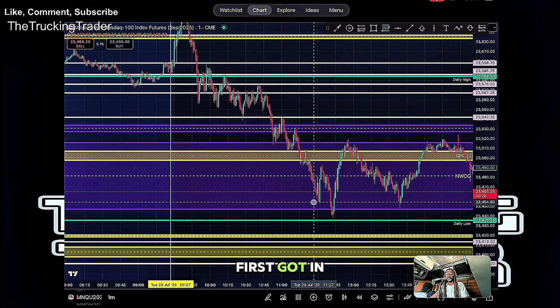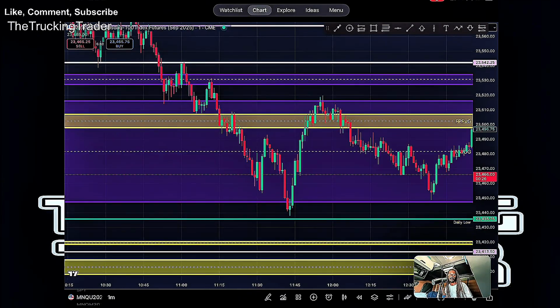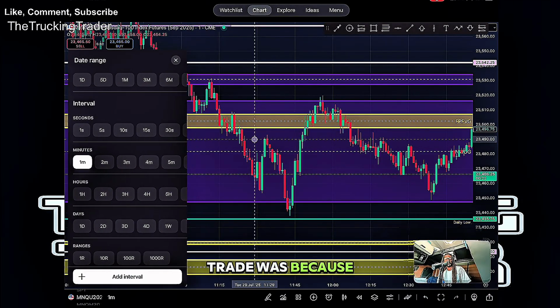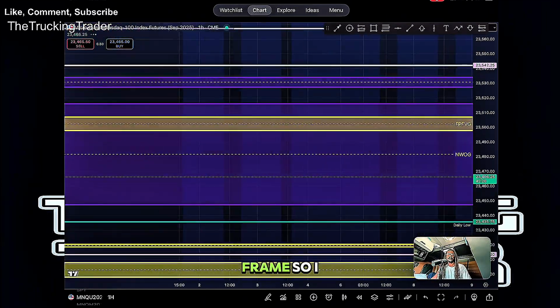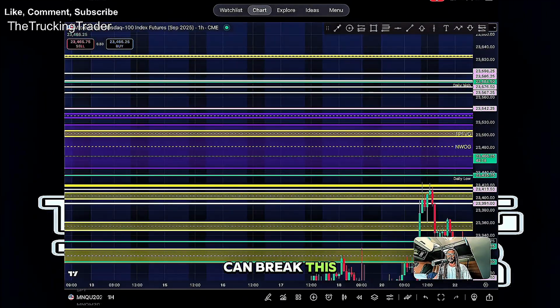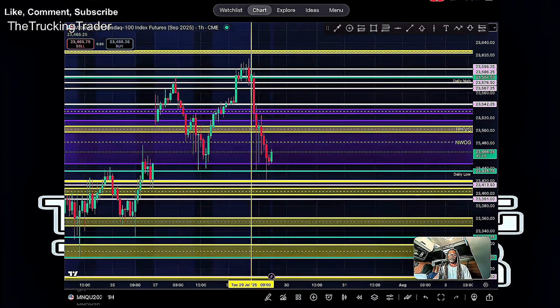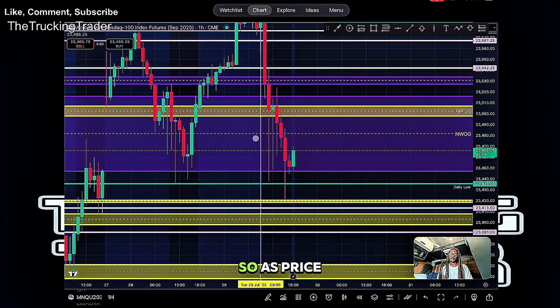So I had first got in on this trade, and the reason why I got in on this trade was because, let me take you guys to the hourly time frame so I can break this trade down. As price was coming down into this new week opening gap, I'm looking at this gap right here.